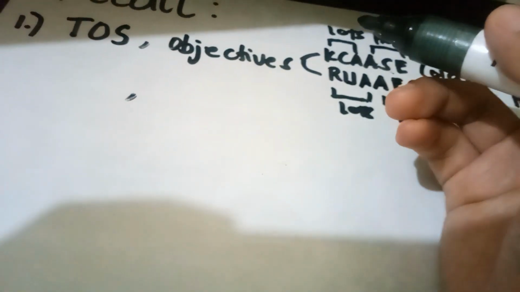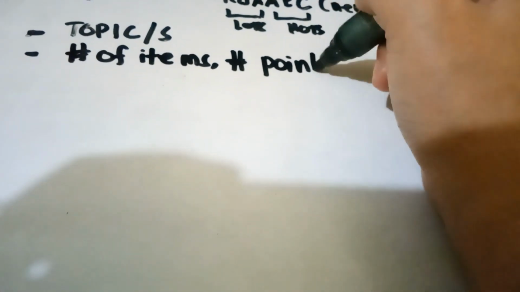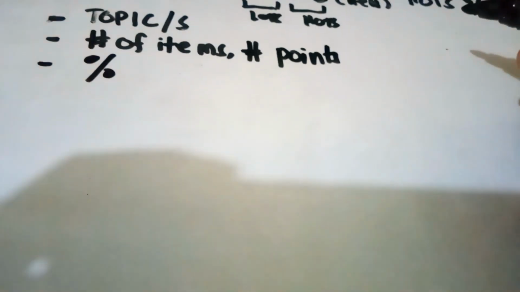Next, aside from the objectives, your TOS should also have, of course, topics. Then we also have your number of items, your number of points, your percentage, and lastly, your location.